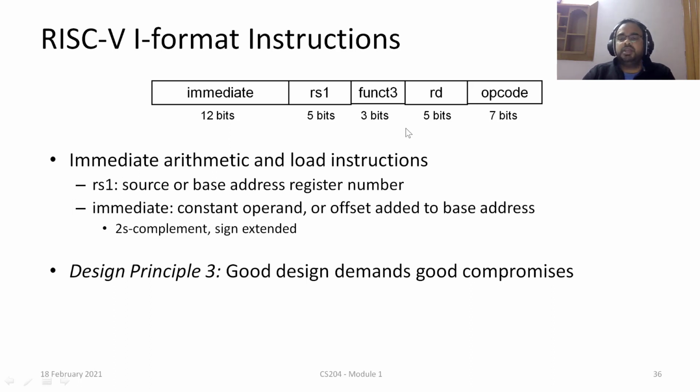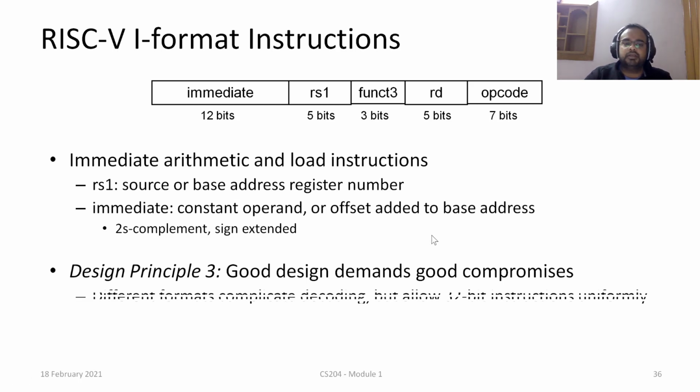The compromise we are making here is we are limiting the immediate value to be 12 bits only, and because it's in 2's complement format, the range is minus 2 power 11 to 2 power 11 minus 1. That is the maximum range we can use, meaning those are the maximum values that we can include in the immediate instructions.